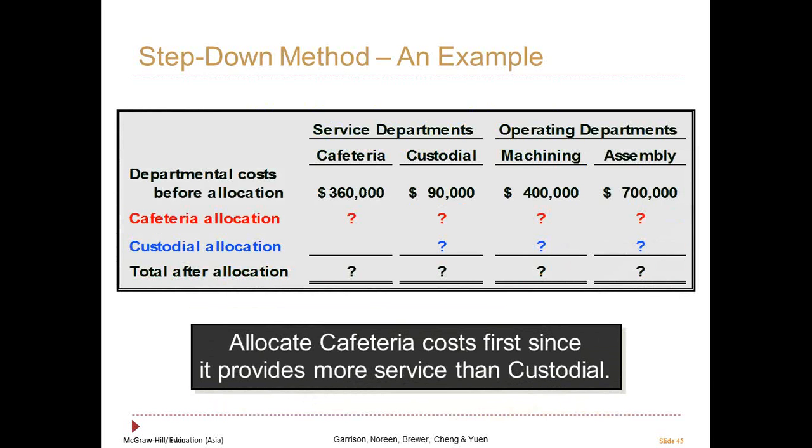How much of the cafeteria and custodial costs should be allocated to each operating department using the step-down method of cost allocation? We will allocate cafeteria first since it is larger and provides more service to custodial than custodial provides to cafeteria.